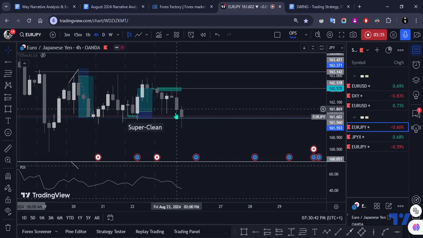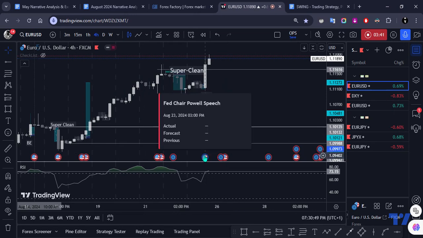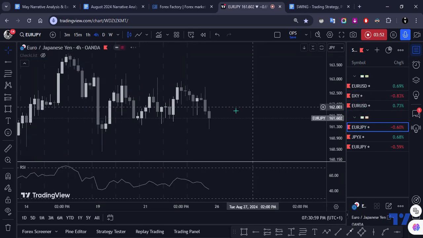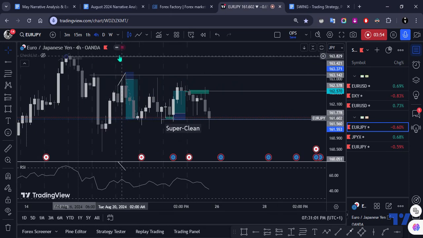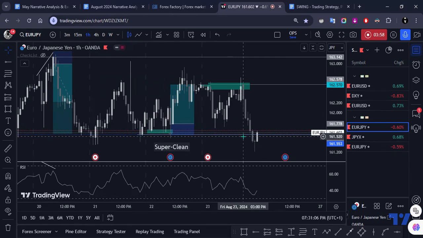If I remember very well, last Friday on Euro USD, there was news. Powell, the Fed chairman of the USA, was talking about something around 3 o'clock, and that was the reason why EJ also moved crazily on Friday.